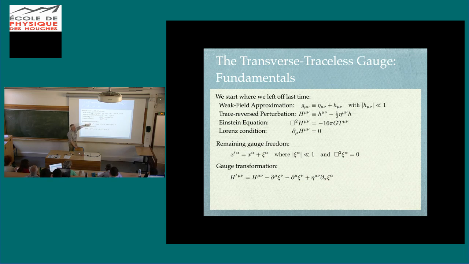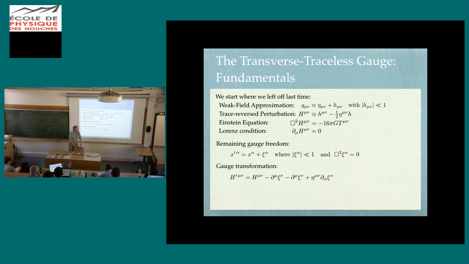And remember that we have some remaining gauge freedom. I can tweak the coordinates by a small amount, by a small function of space and time, and it doesn't affect anything, the Lorentz condition or the solution, as long as the D'Alembertian of that perturbation is 0.